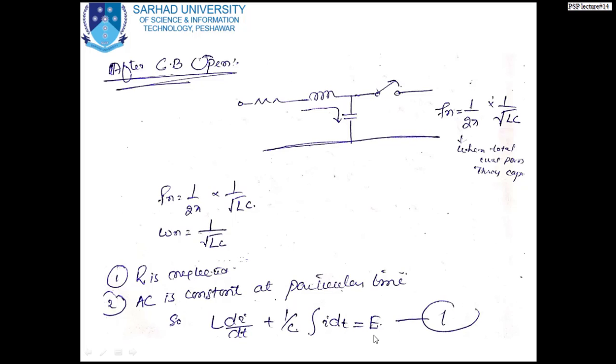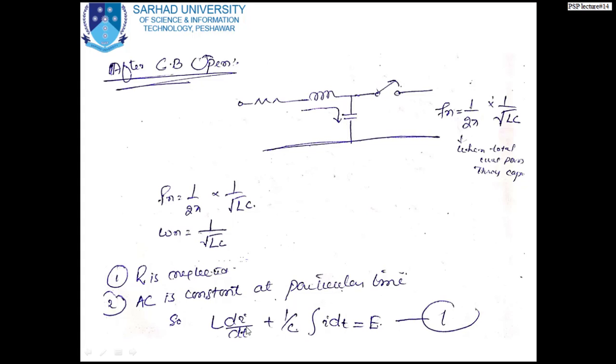It is sinusoidal, but even a sinusoidal voltage is constant at any particular time. At any particular time, even a sinusoid has one constant value. I'll explain this point when I have an interaction class with you. If you don't understand, I will clear this point in the interaction class.